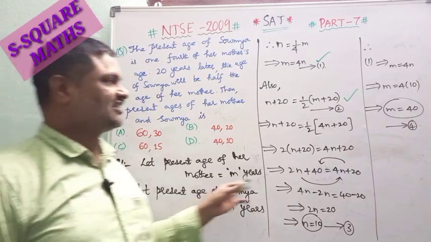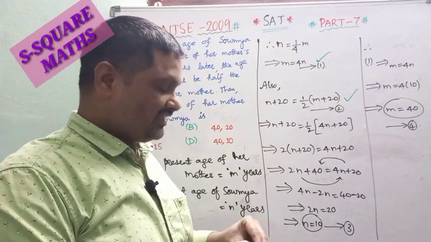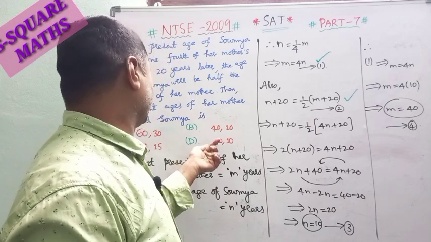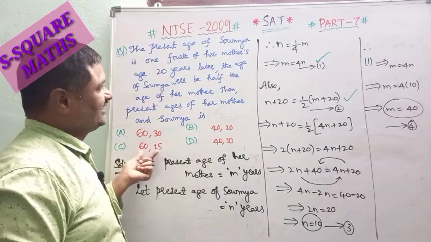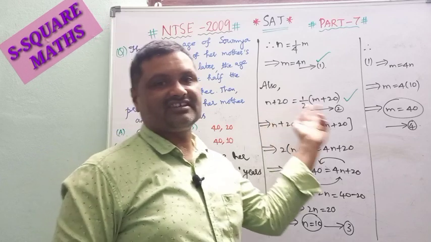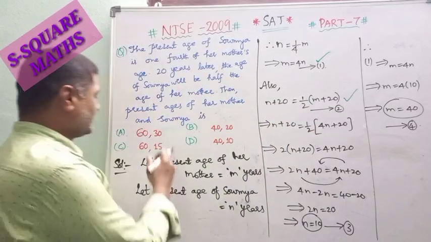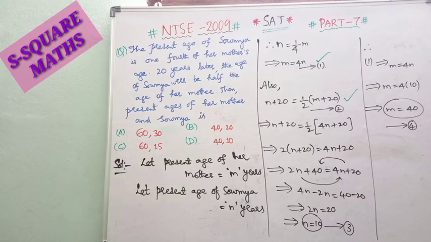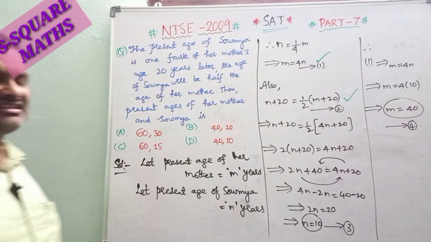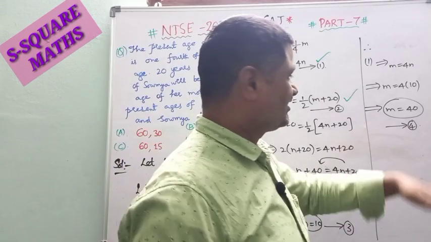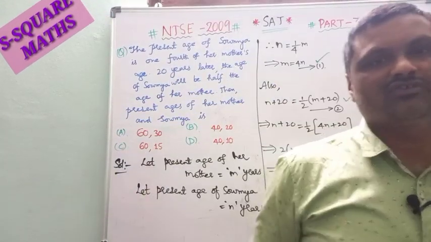Whichever satisfies will be the answer. If you consider 15 and 60 and substitute in this equation, it will not satisfy. If you want, you can check it. So just read the question, try to understand, frame the equations and substitute in the equations, or solve the total equations.